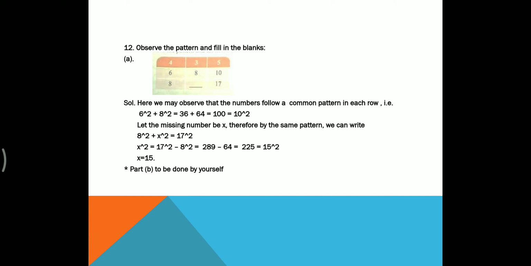Therefore by the same pattern we can write 8 square plus x square is equivalent to 17 square. So x square is equivalent to 17 square minus 8 square. We are transposing it. So 17 square is 289 minus 64, that is 8 square. So we will get 225. So x square is 225, x is equivalent to 15. Are you getting me or not?